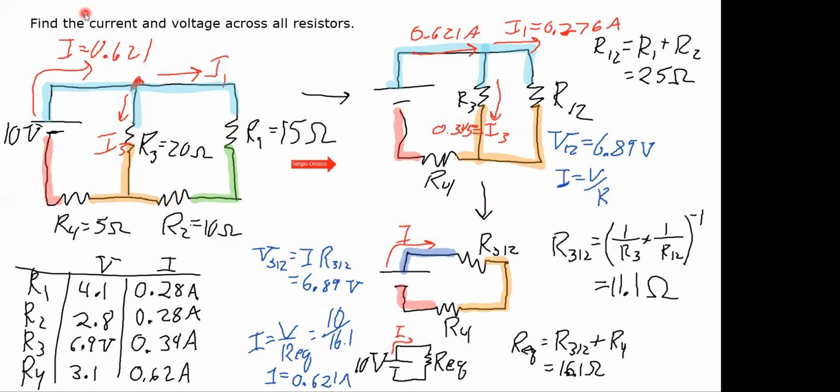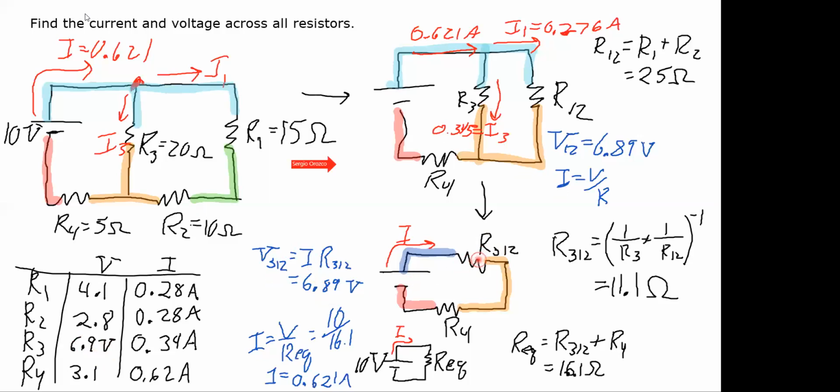Okay, how did I get the 0.34 amps? Where did I get that from? R3. Oh, okay. If you remember, I found it through this voltage, 6.89. I found the 6.89 volts here, right?